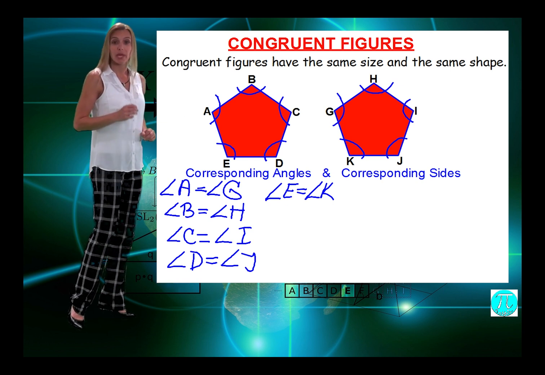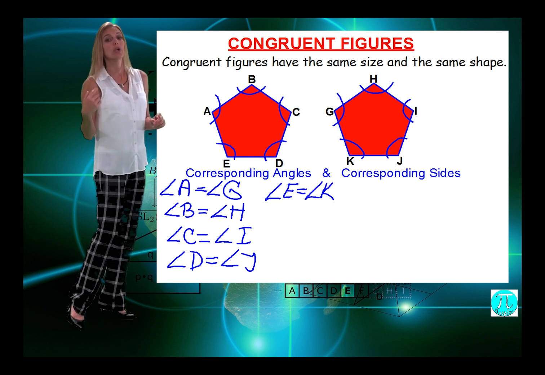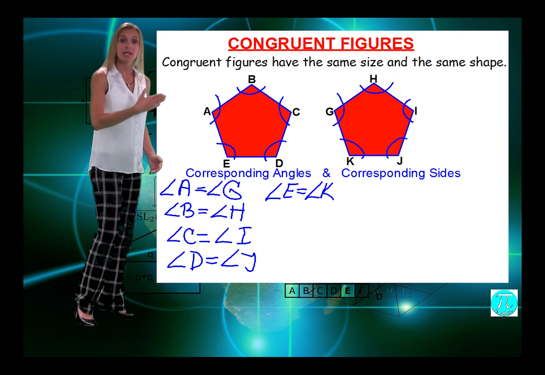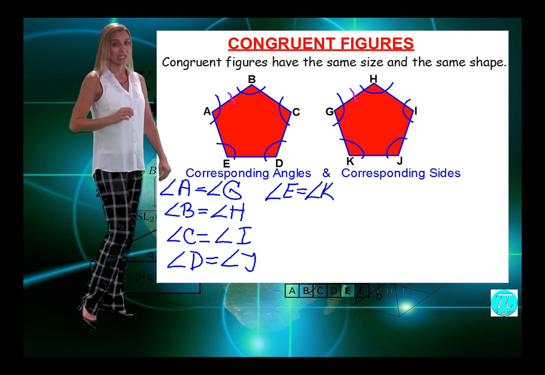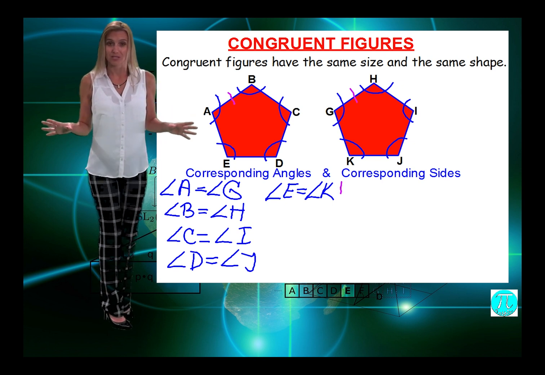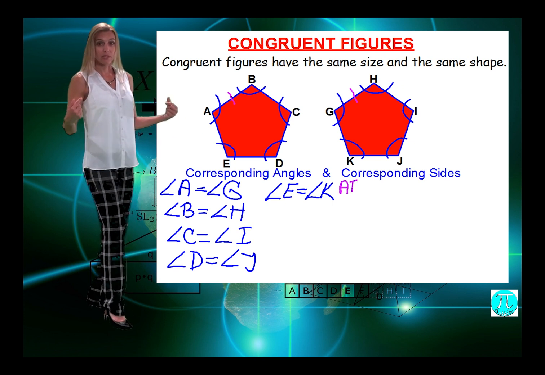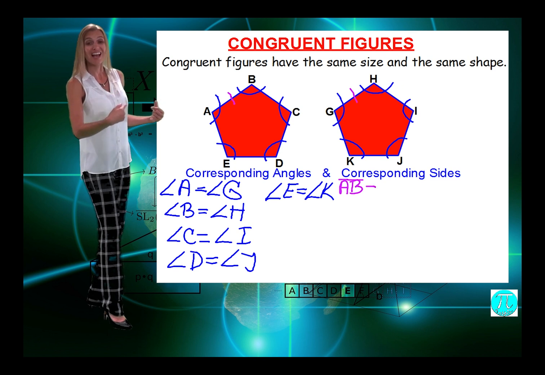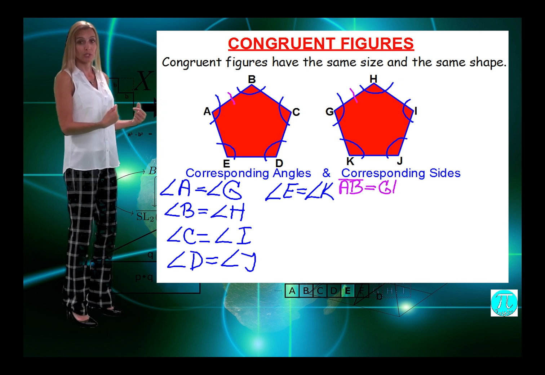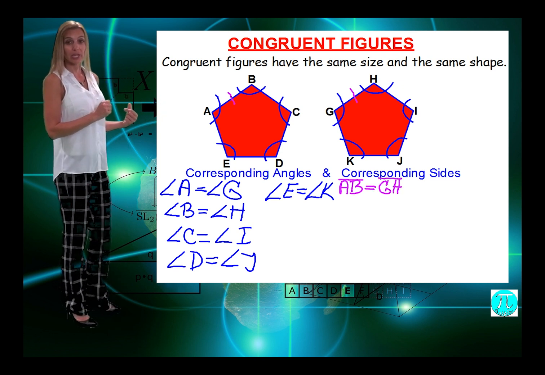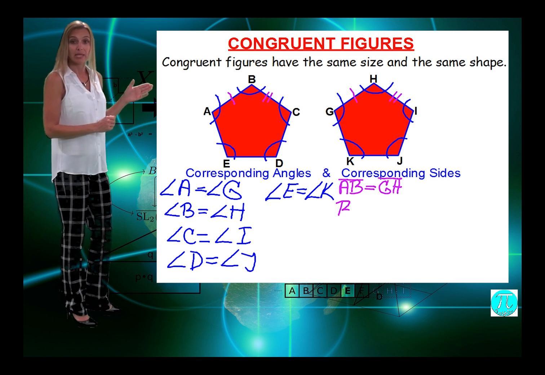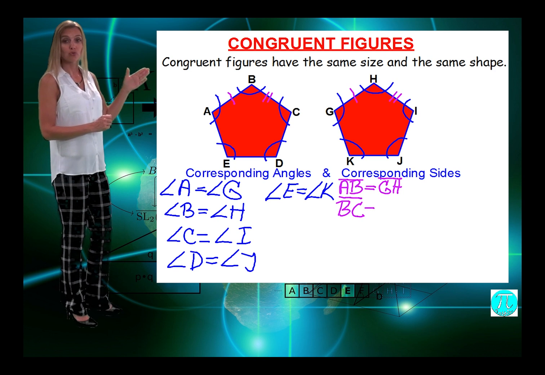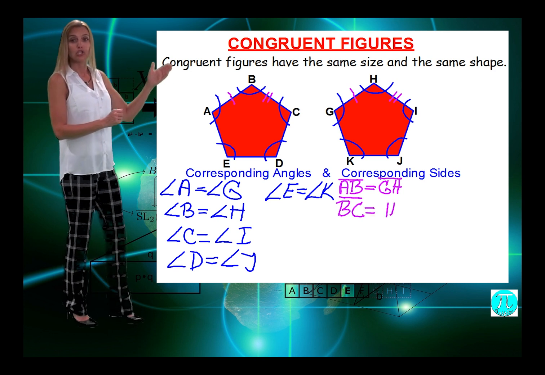The same thing has to go for the sides. The side measures also have to be congruent. If these two shapes are identical, the angles as well as the corresponding sides have to be congruent. Corresponding sides, let's look at these. My side AB has to be congruent to the side GH.